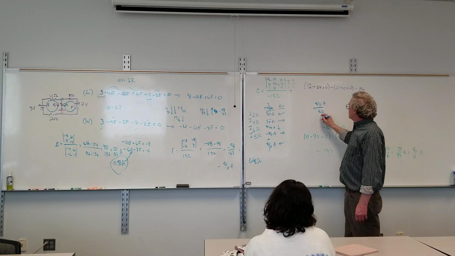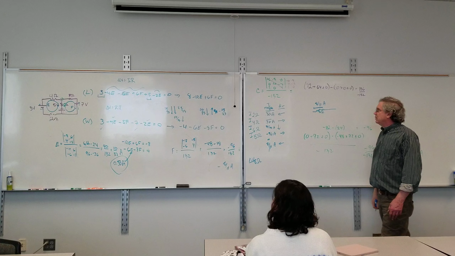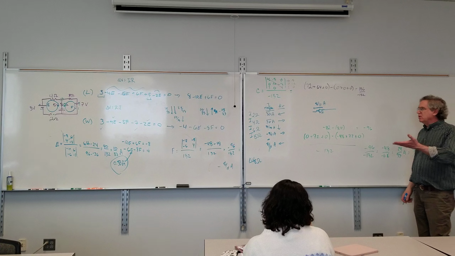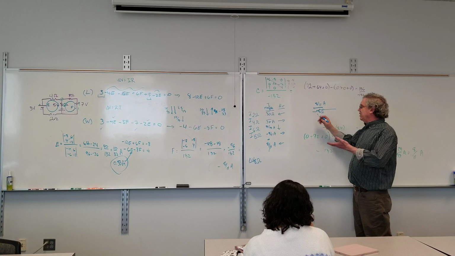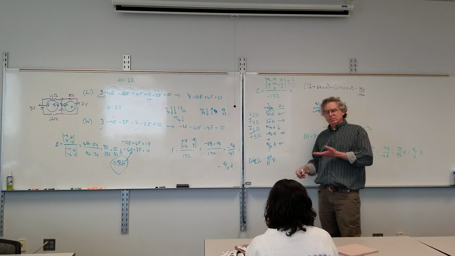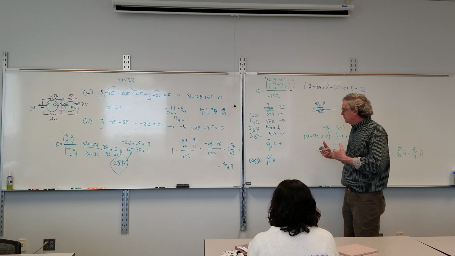It's an 8 ohm resistor. If I'm going with the current, my potential is a drop. So if I do 8 times 8/11, I get 64/11 volts using Ohm's law, I times R.